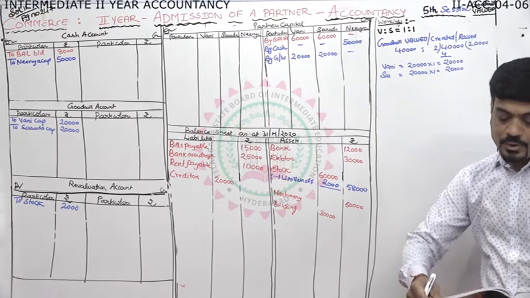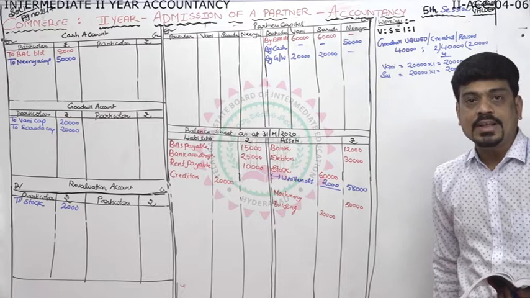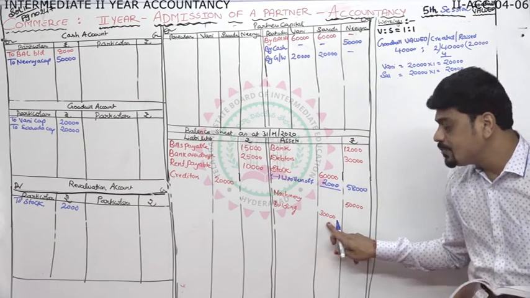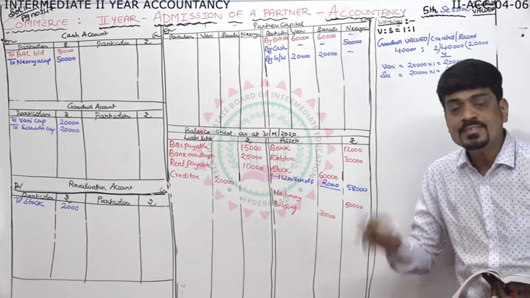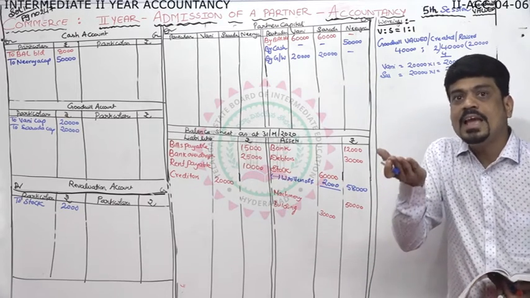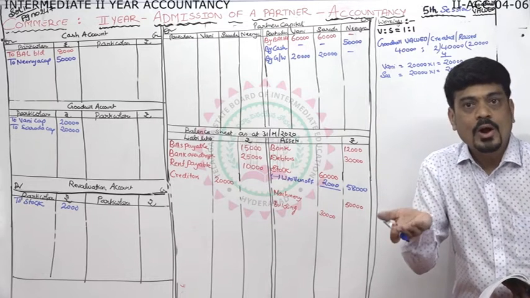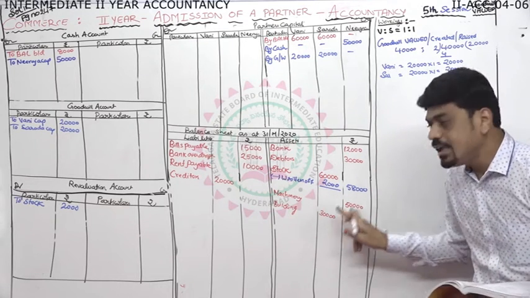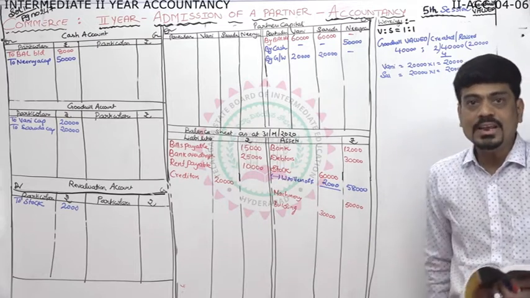Like that, if you see, they say building is valued at 40,000. How much they gave us building value? 30,000. And today's value is 40,000. So what happened to building? The value of building has increased. Nothing but appreciated. How much? From 30, it has increased to 40. So 10,000 increased.